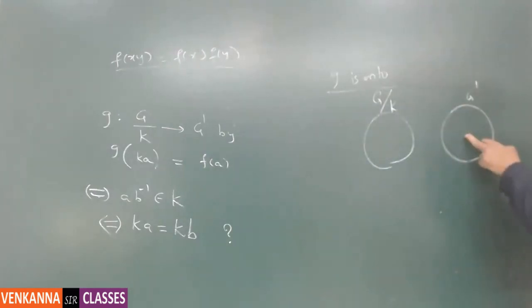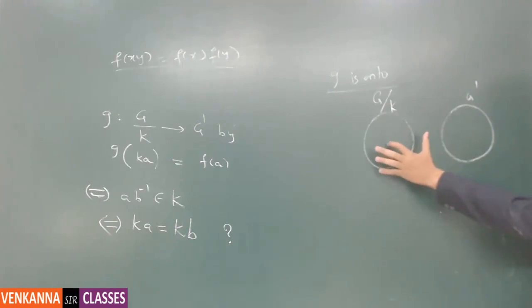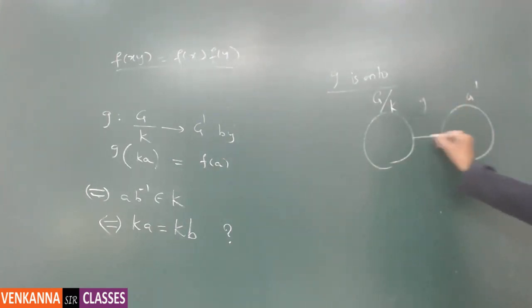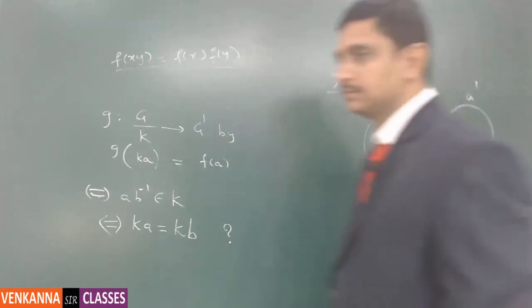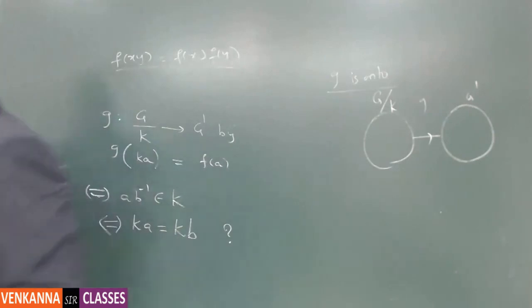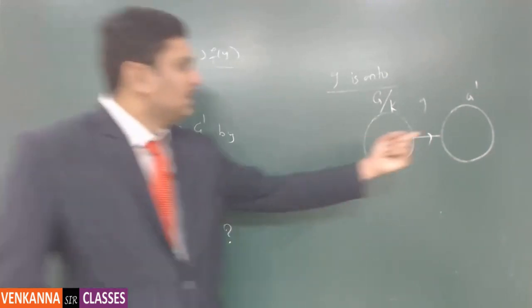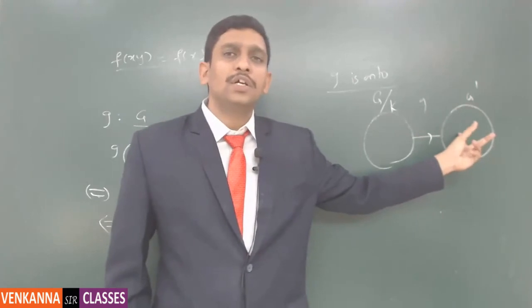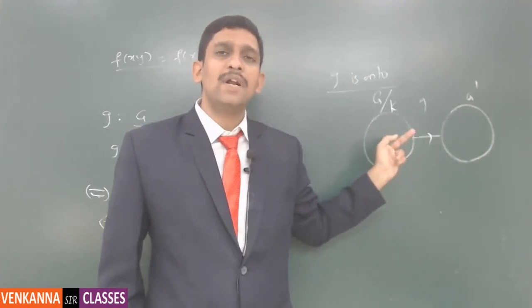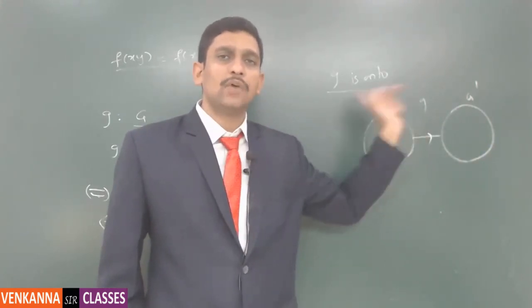For every element here, you should find an element here, so that if you apply g, this element should come. Agree? Yes or no? The concept of onto: for every element in the codomain, you should find an element in the domain. That is the concept of onto.